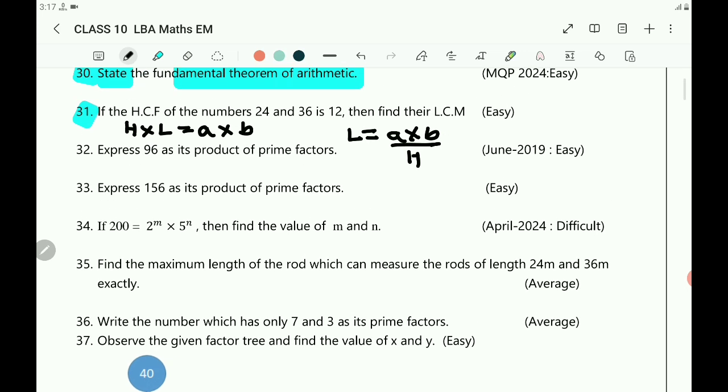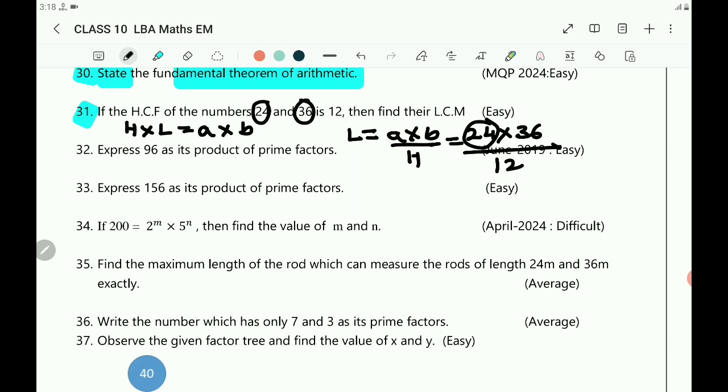Then here the numbers are 24 and 36, and the HCF is 12. So 24 into 36, divided by 12.